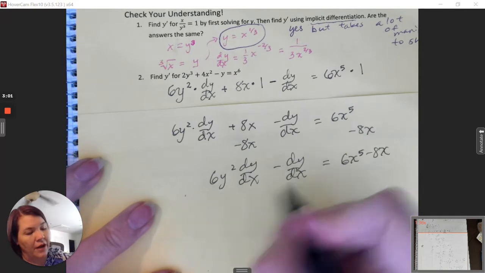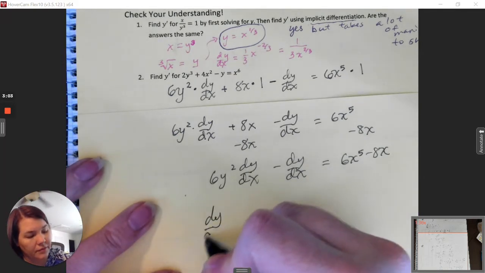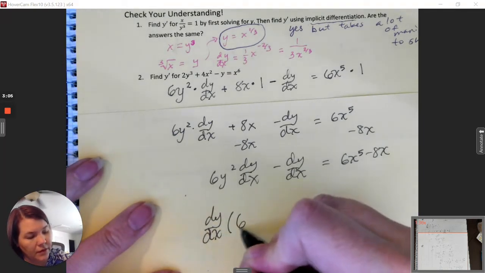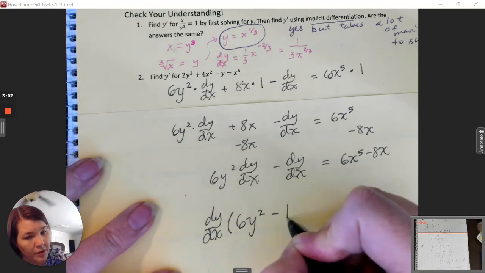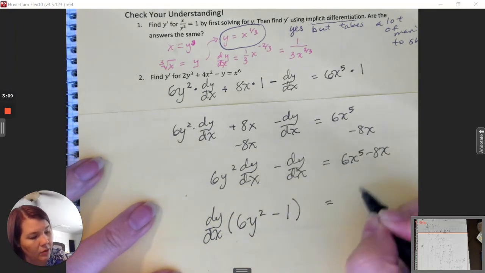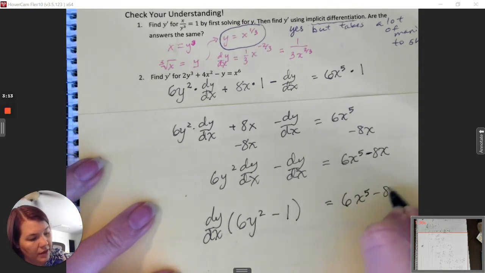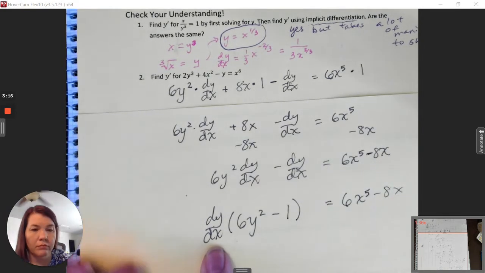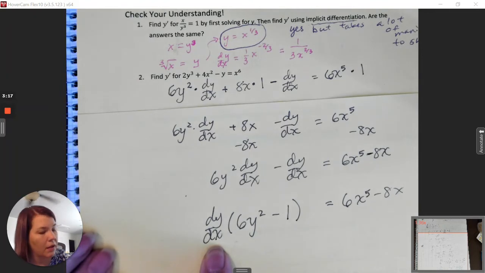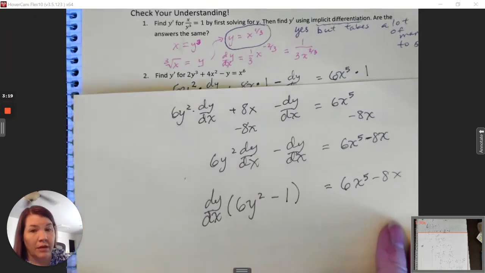Okay, we're going to factor out dy dx. 6y squared minus 1 equals 6x to the 5th minus 8x. Okay, and so dy dx is almost alone.